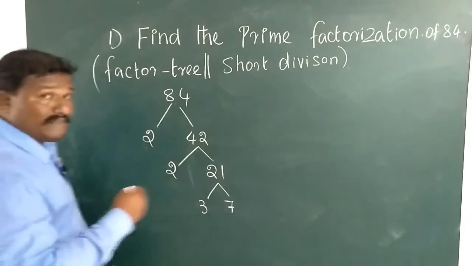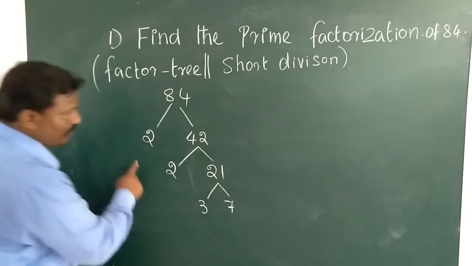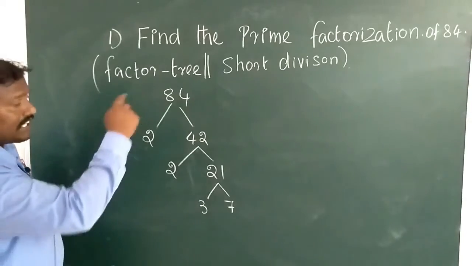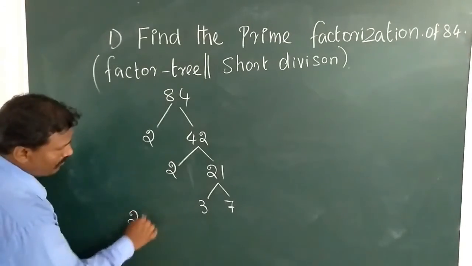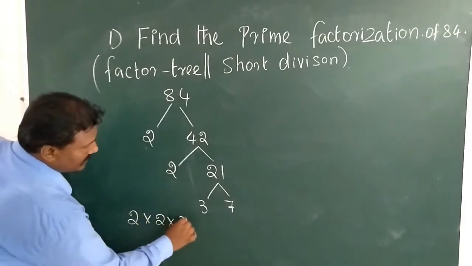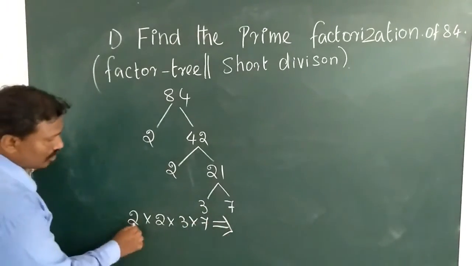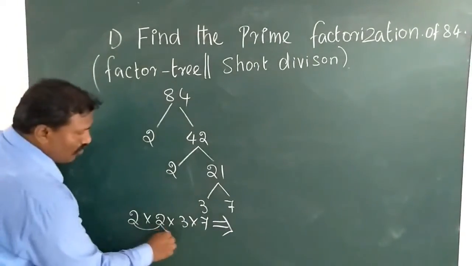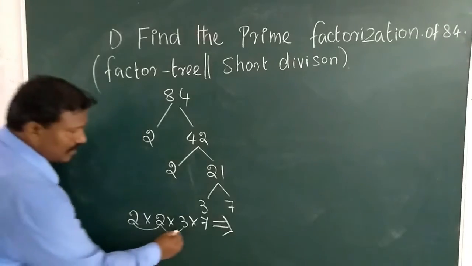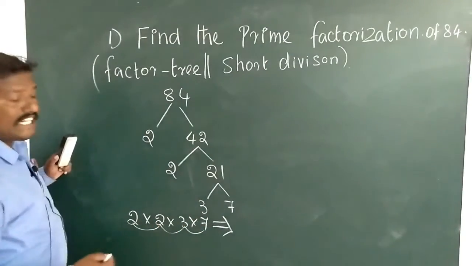Okay. So let me collect and write the prime factors of 84. So 2 into 2 into 3 into 7. If you multiply this, 2 2s are 4, 4 3s are 12, 12 7s are 84.